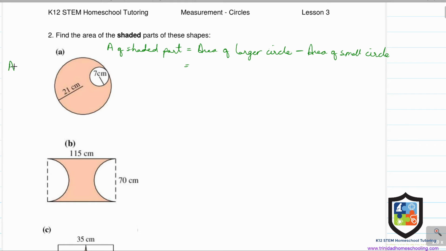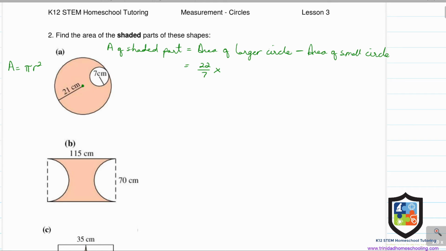We said the area was pi r squared. So in the larger circle, we're going to use pi as, now they didn't say what to use pi as, so I'm going to use 22 divided by 7 multiplied by the radius of the larger circle.